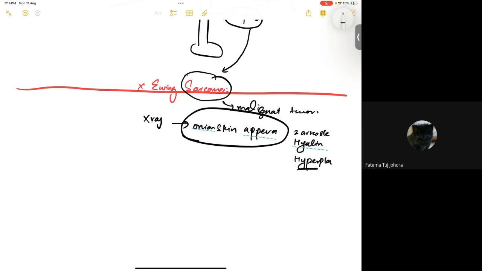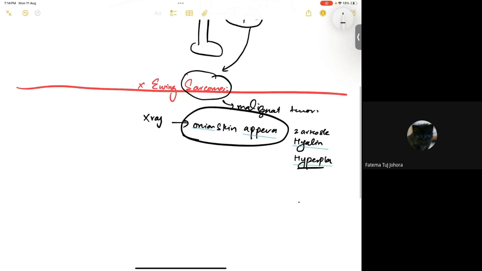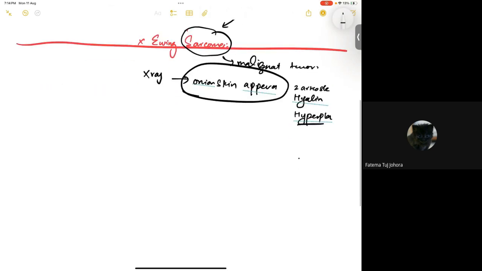Hyperplastic arteriolosclerosis leads to end organ failure as well. If it's advanced a lot, you are going to have onion skin appearance. That is basically hyperplasia of your smooth muscles occurring in a layering pattern. So if you zoom in on the picture, you're going to have onion skin appearance.